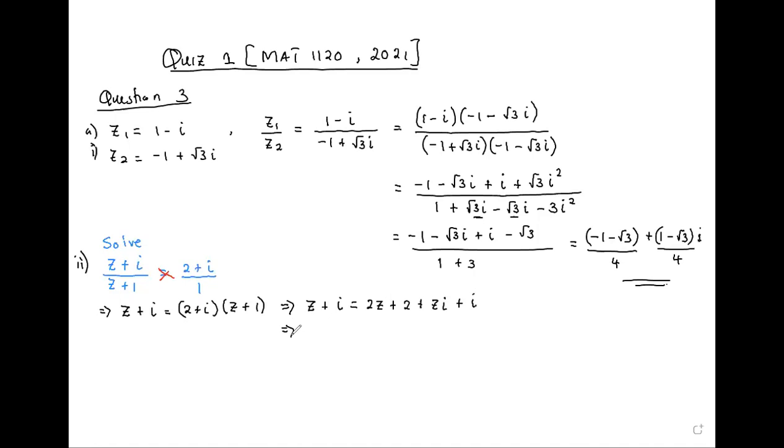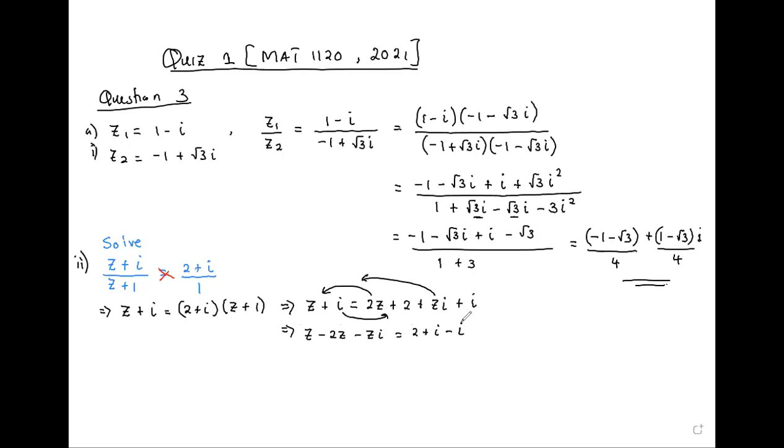We put all the Z's together. So we take this the other side and this the other side as we move I the other side. So we have Z minus 2Z minus ZI is equal to 2 plus I minus I.